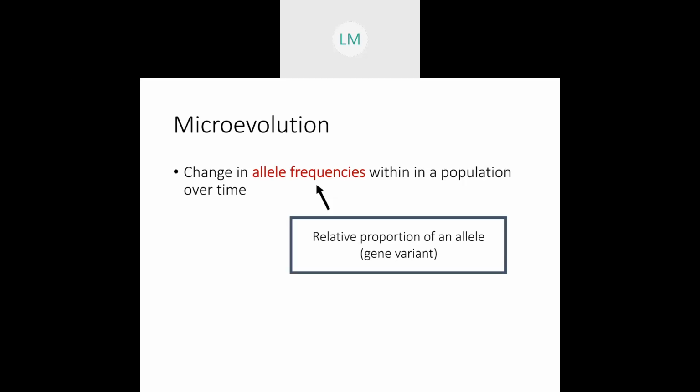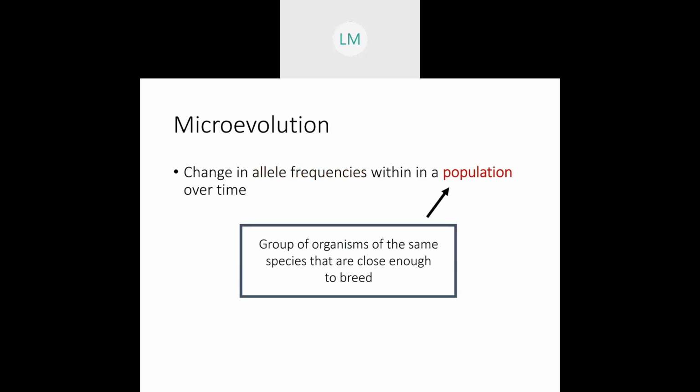If we have these dominant alleles versus these recessive alleles, what's the relative proportion of the dominant compared to the recessive? So how are these alleles existing within a population? And when we talk about population, a population is a group of organisms of the same species that are close enough to breed. So they're living in the same place, they're of the same species, and it's that group of organisms. So that's what we're referring to when we're referring to a population.